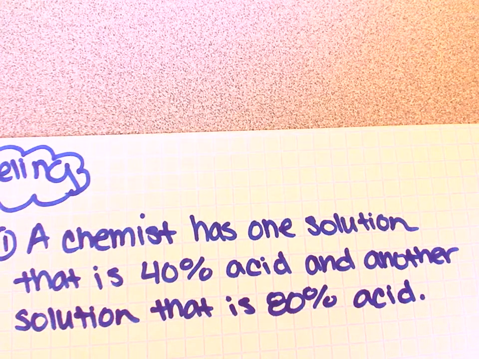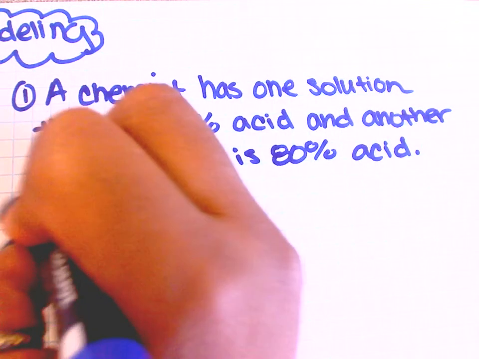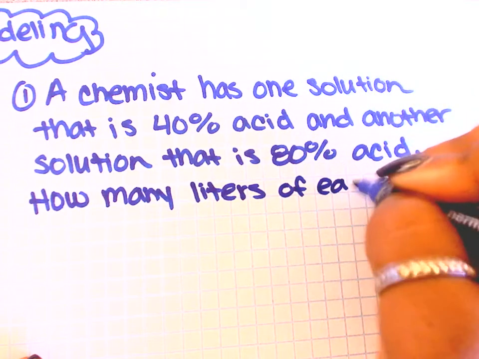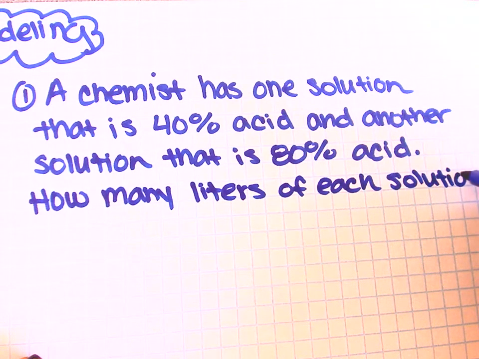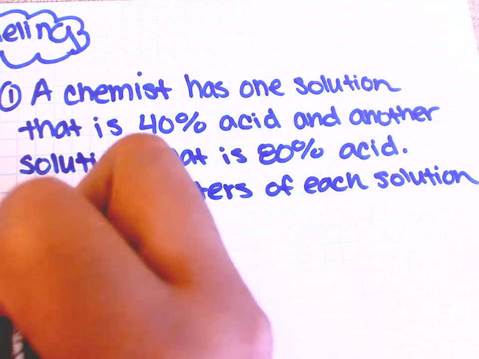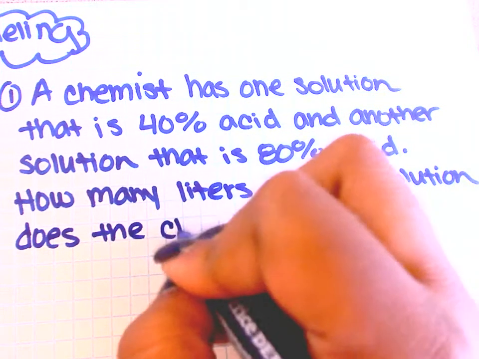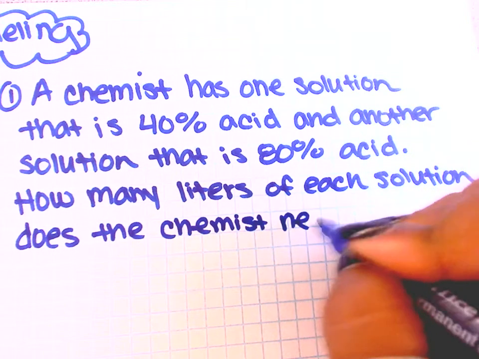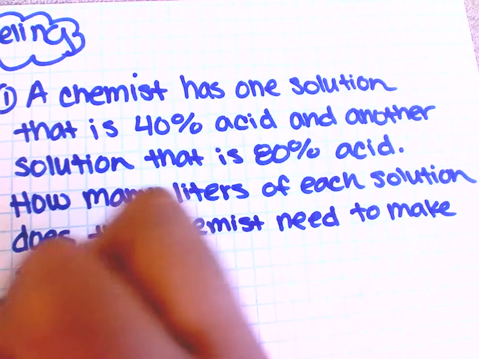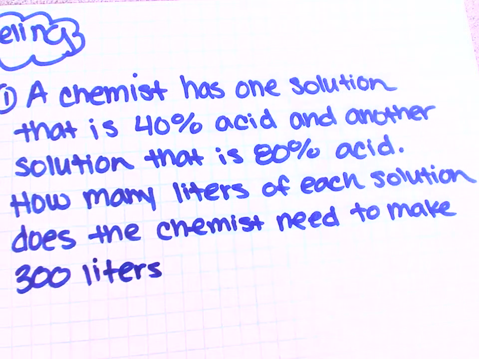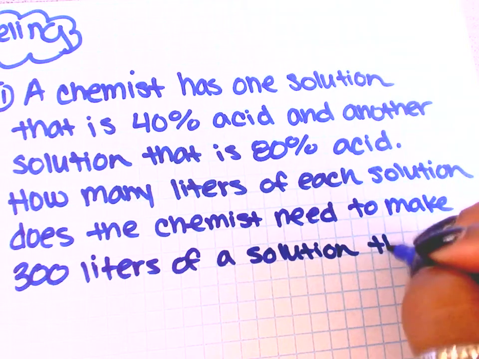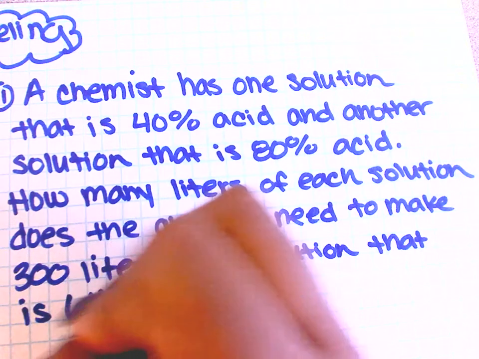How many liters of each solution does the chemist need to make 300 liters of a solution that is 64% acid?